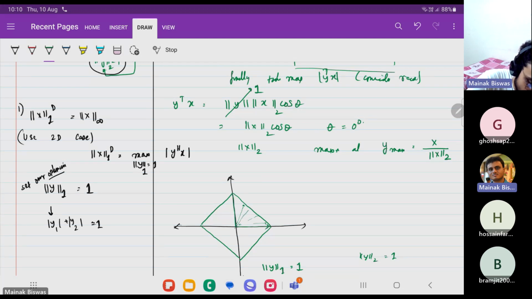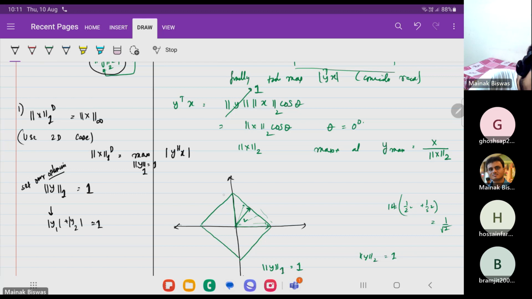But somewhere here, what will it be? It will be half square plus half square, which will be around 1 by root 2, right? So your length of the vector is going to change on this.